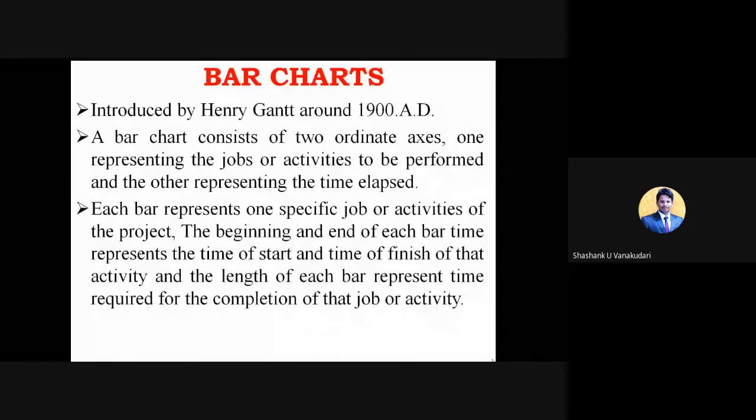In this bar chart, it consists of two coordinates, the x-axis and y-axis. One represents the jobs or activities, which we can show either in the y-axis or x-axis, depending on convenience. We will prefer those activities to be represented in the y-axis itself.